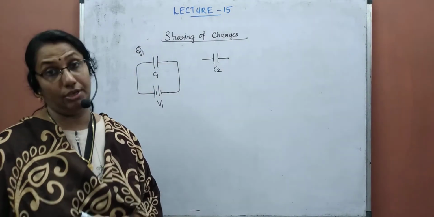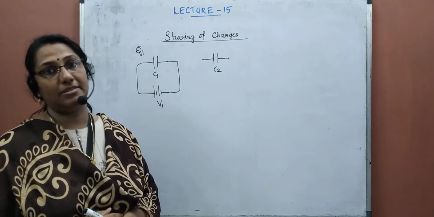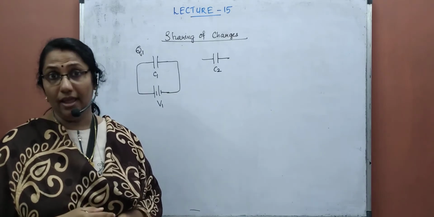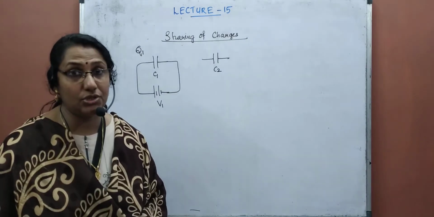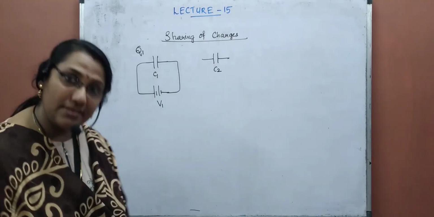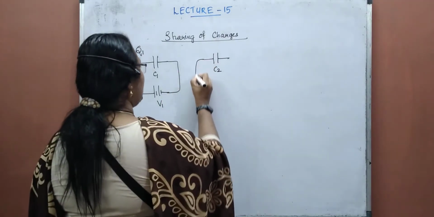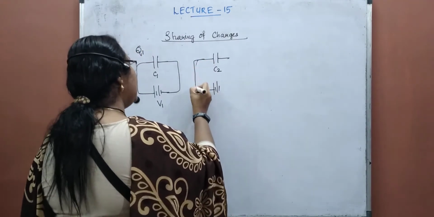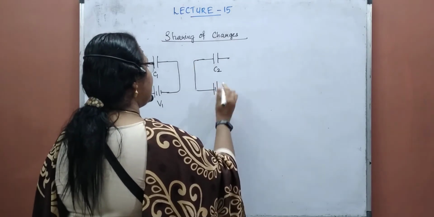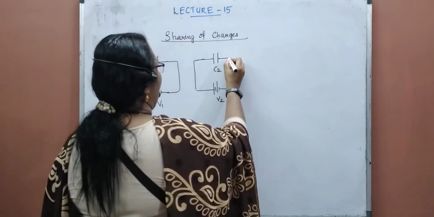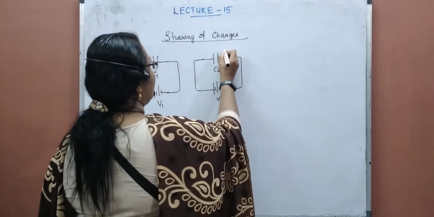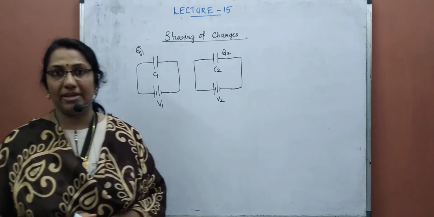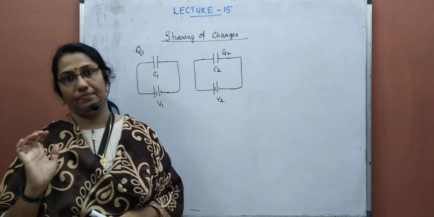Similarly, the second capacitor is connected to another battery which provides a potential V2, and when the circuit is closed, charge Q2 is stored in it. That is, the two different capacitors are independently charged.